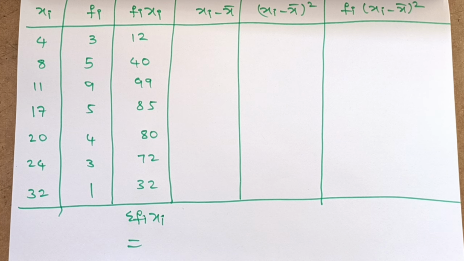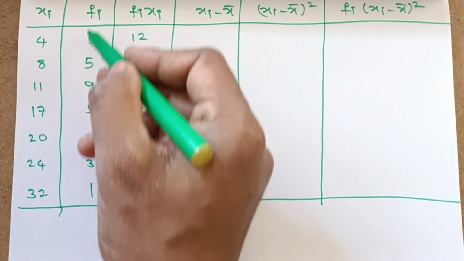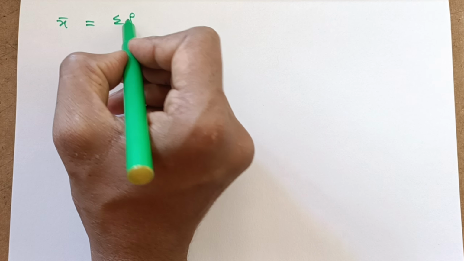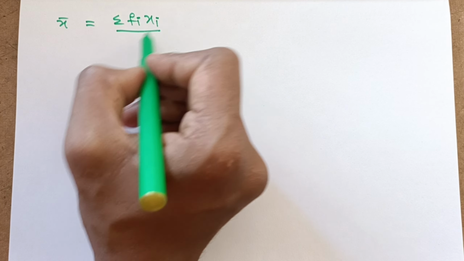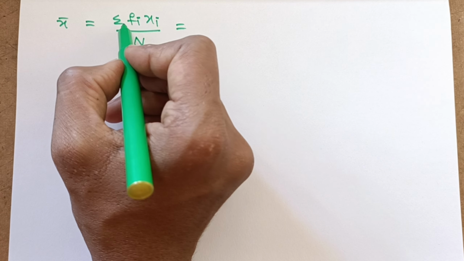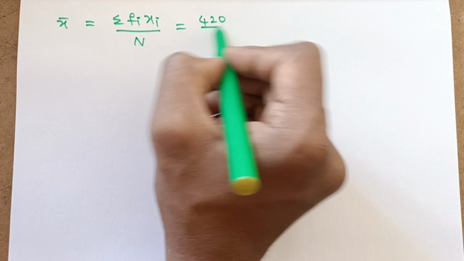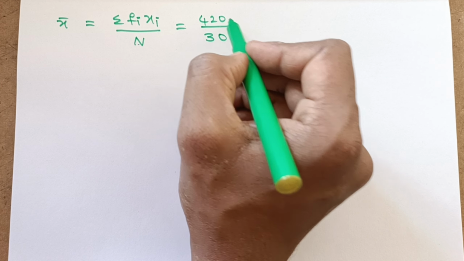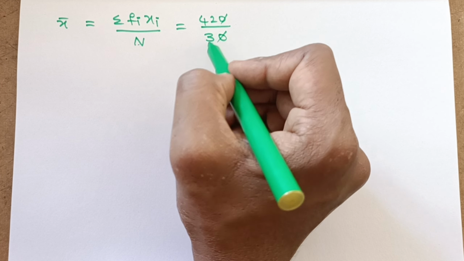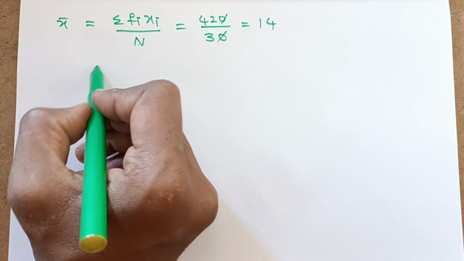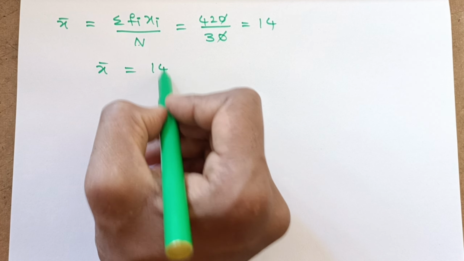So what will you get? 420. Next we add all the frequencies. Clearly you can find the mean, that is x bar is equal to sigma fi xi divided by n. So here sigma fi xi is 420, which is divided by capital N. Capital N is 30. 0 0 cancel. So 42 by 3. Clearly which is equal to 14. Therefore mean x bar is equal to 14.